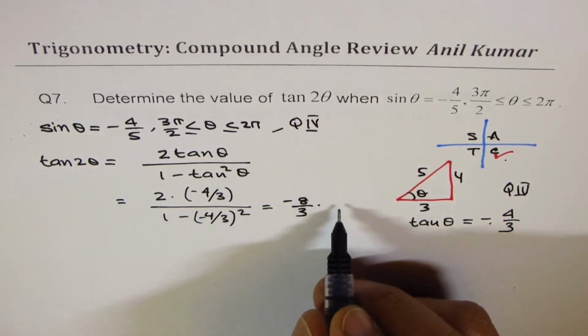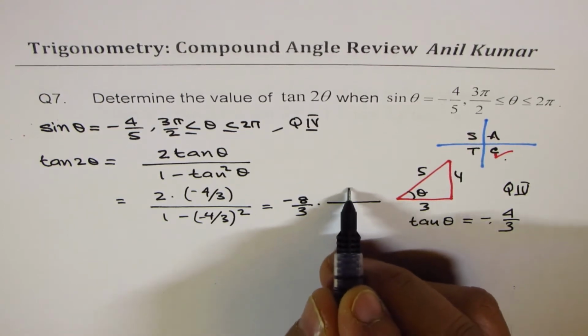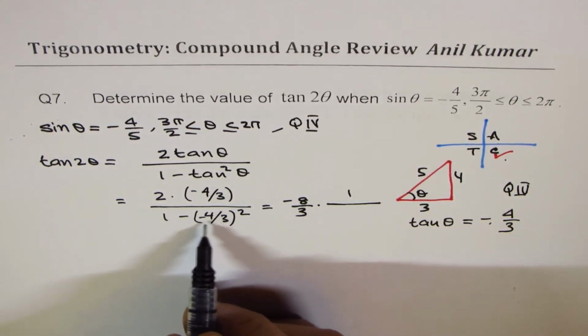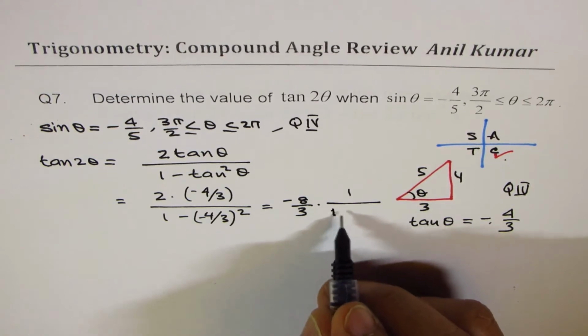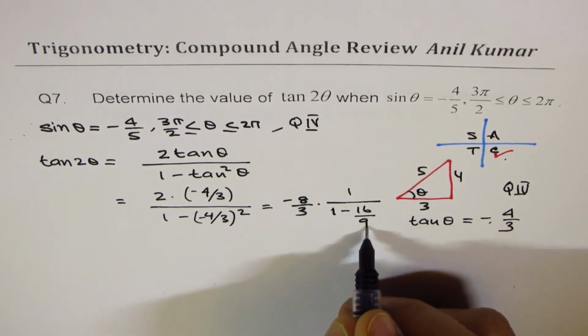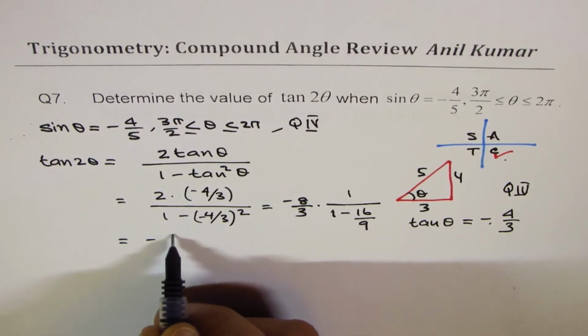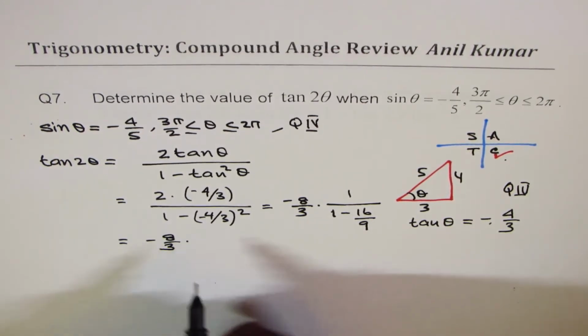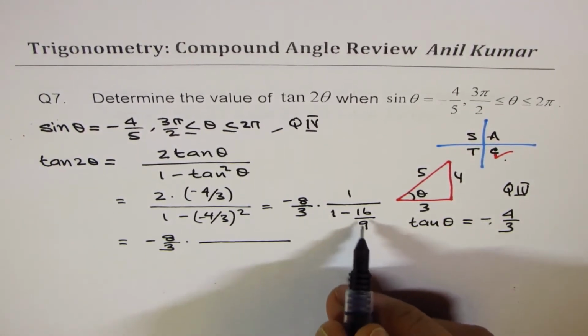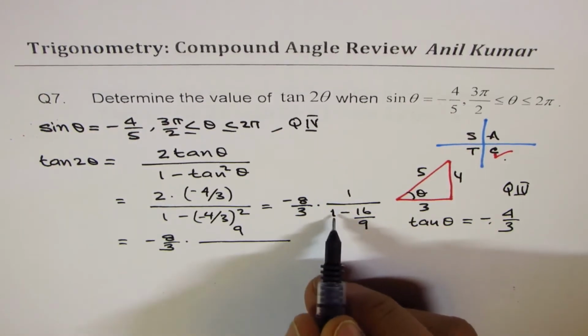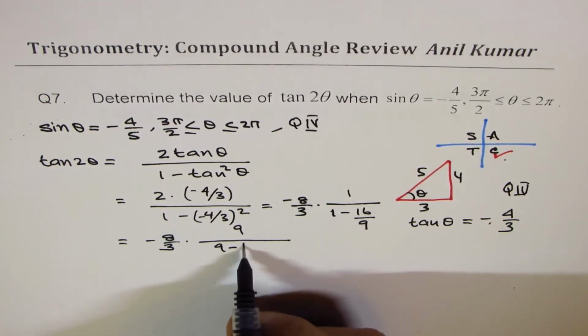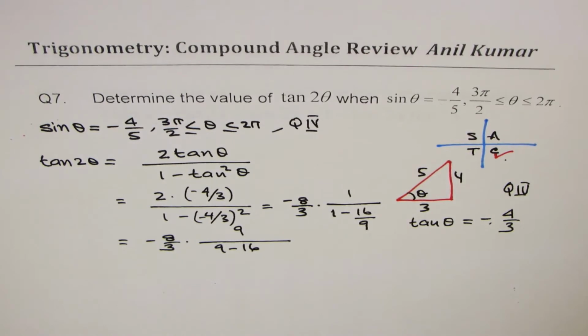And for this portion, we could write 1, and here minus becomes positive. So we have 1 minus 16 over 9, correct? So let's work with it. So we get minus 8 over 3 times, this 9 goes in the numerator, so we get 9 minus 16, correct?